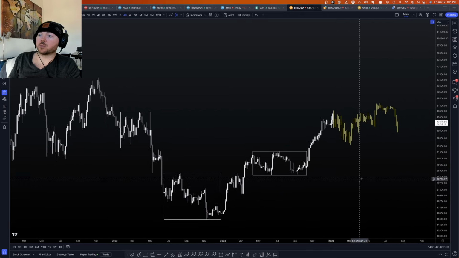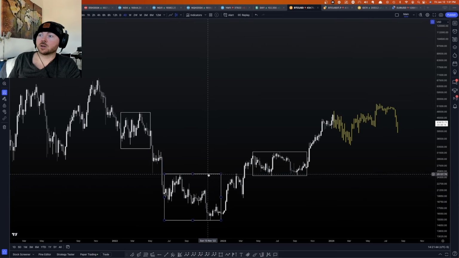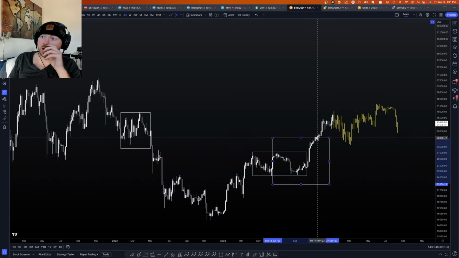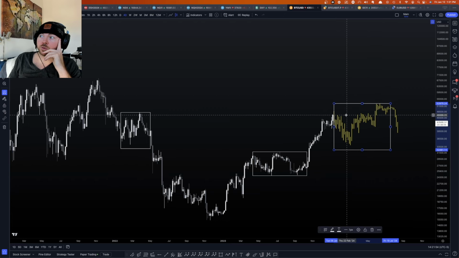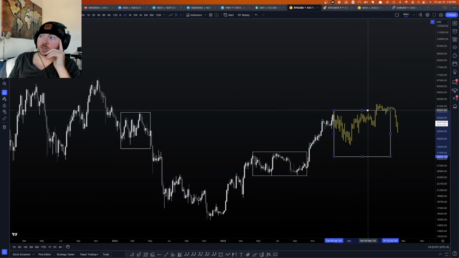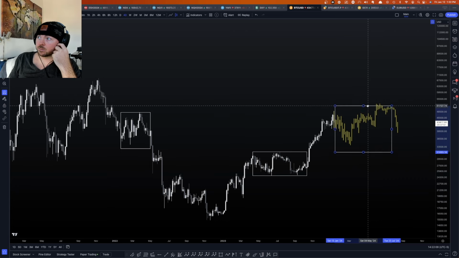You could just imagine, if this took this long to accumulate long positions or to buy spot, then you could also argue that it would take just as much time to unload all those positions. You can't just unload them all at once, or you're going to cause the market to dump too fast, and you're going to get a bad price, whereas if you slowly dump it out.